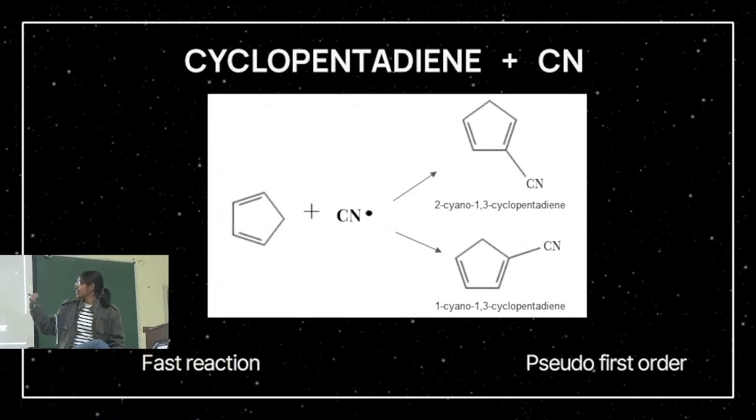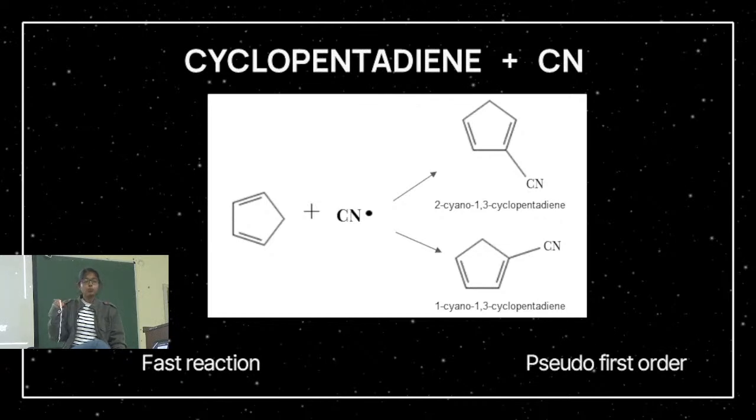The specific reaction was recently observed in 2021 in the Taurus Molecular Cloud. It is cyclopentadiene plus CN. What we have observed is two isomers, which are very close to each other energetically. One, I'm going to call 1-CN-CPD, cyanocyclopentadiene. 1-CN-CPD is much more abundant than 2-CN-CPD, and we don't exactly know why. This is one of the reactions that was being pursued while I was there.